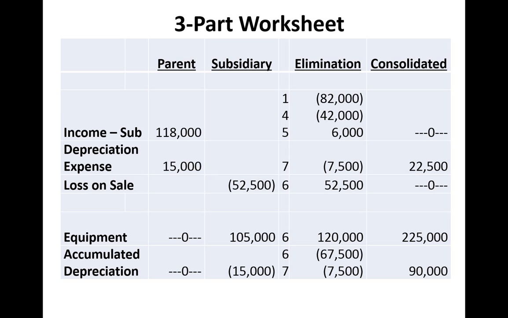We could check that. The subsidiary was depreciating the asset for 22.5 a year. So if we say X4, X5, X6, X7, it's 4 years. 22.5 times 4 is $90,000. So we've established that, a little check figure for us to reestablish the correct accumulated depreciation.